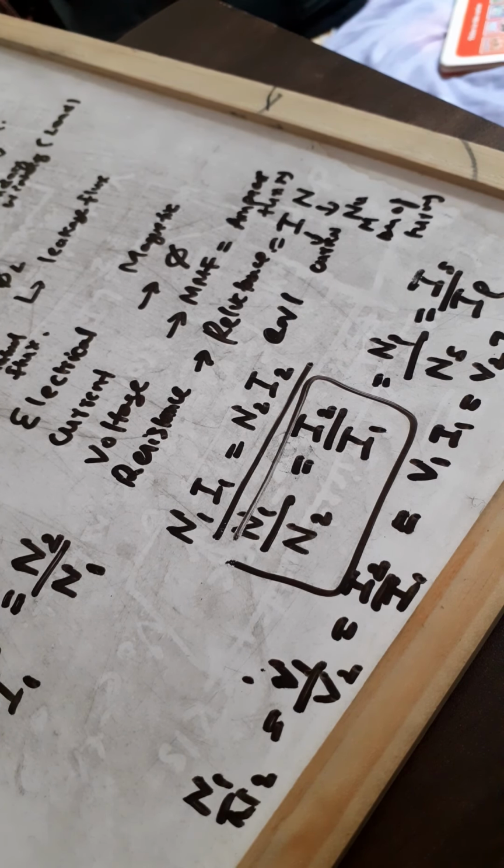So this is the core type of construction. A power transformer is basically made up of a core type arrangement. Here we can see the core form of a transformer. I'll be drawing it.